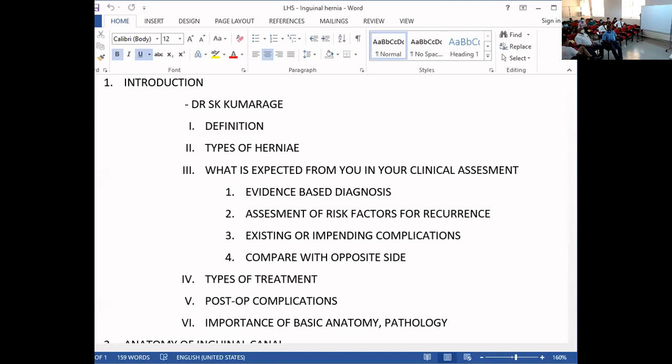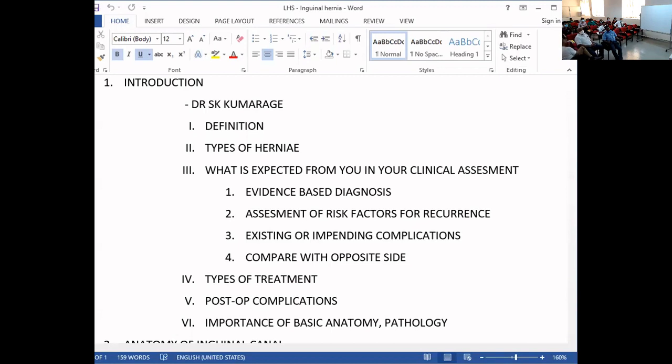So the commonly used definition for hernia is protrusion. It is an abnormal thing. Hernia is not a physiological or normal thing. So it's an abnormal protrusion of the contents of a viscus through its wall.